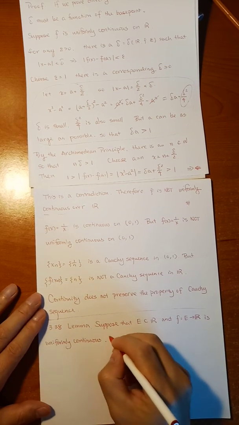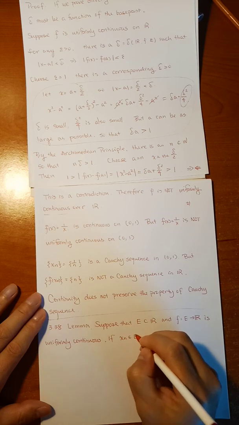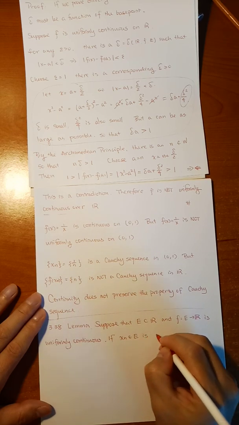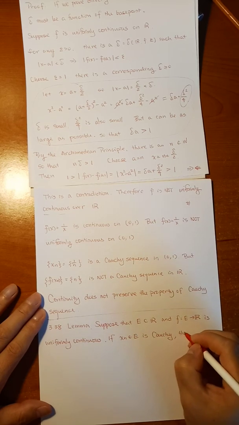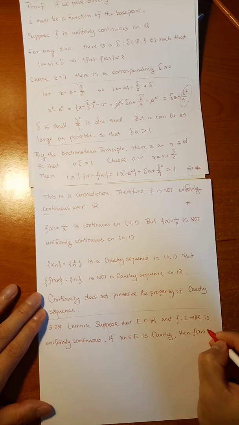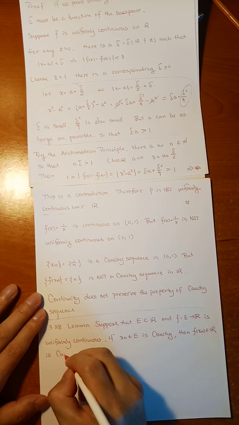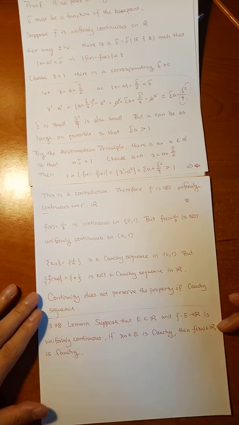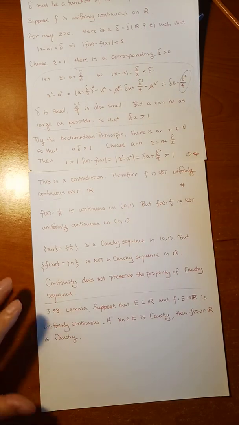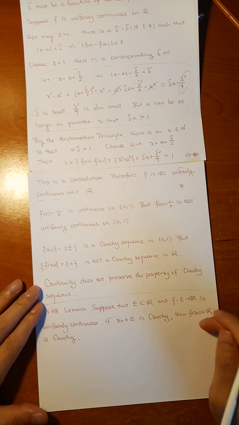If xn in E is Cauchy, then f(xn) in R is Cauchy. Okay, so it just means uniform continuity will preserve the property of the Cauchy sequence. Well, we're going to show that the new sequence is a Cauchy sequence.